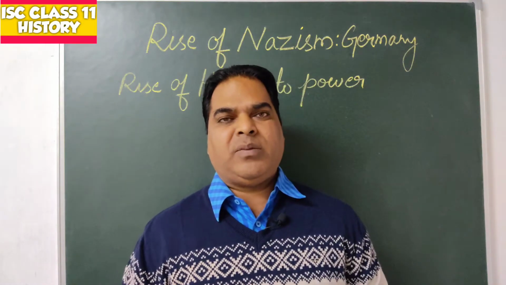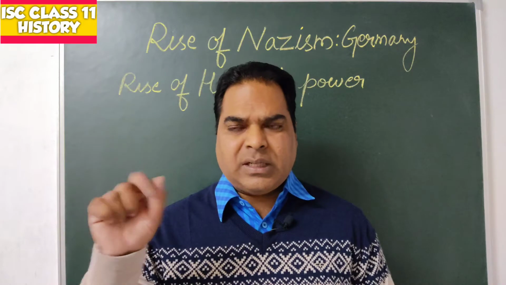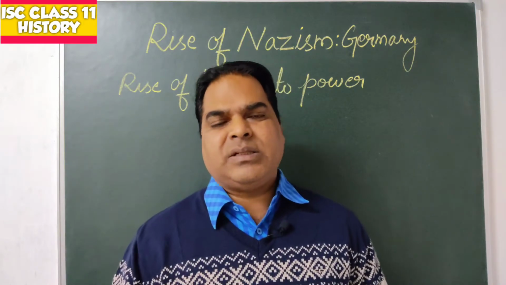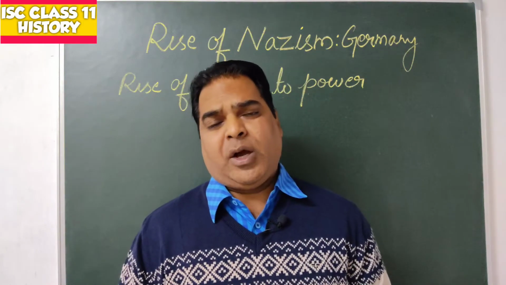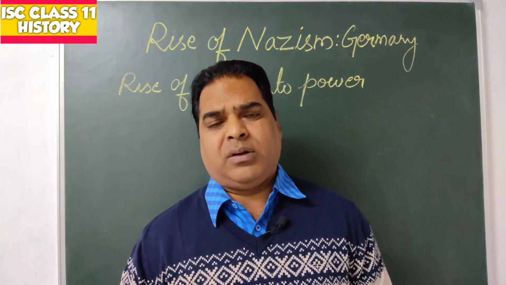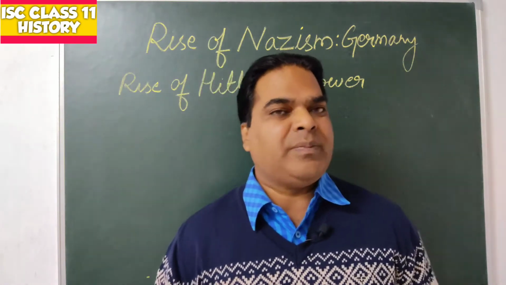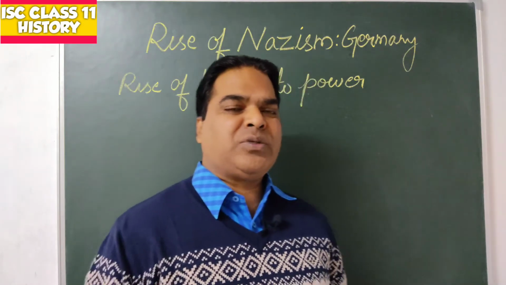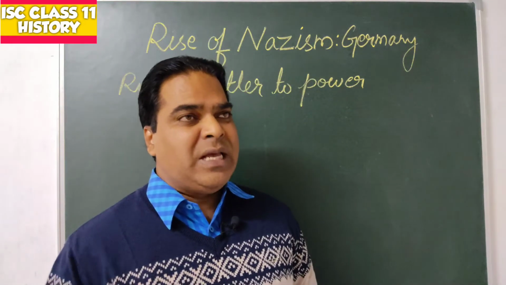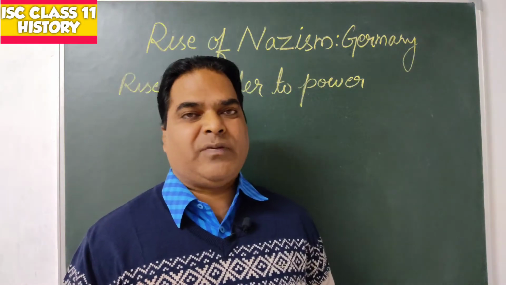The people of Germany felt that this government signed the treaty, but the government had no option, because that treaty was a dictated peace. Germans were forced to sign it because Germany was held responsible for the war.